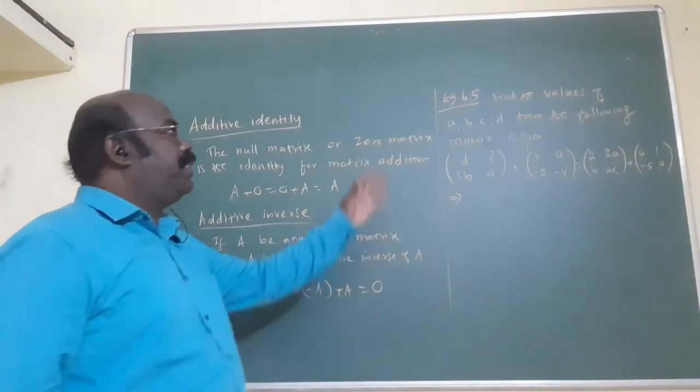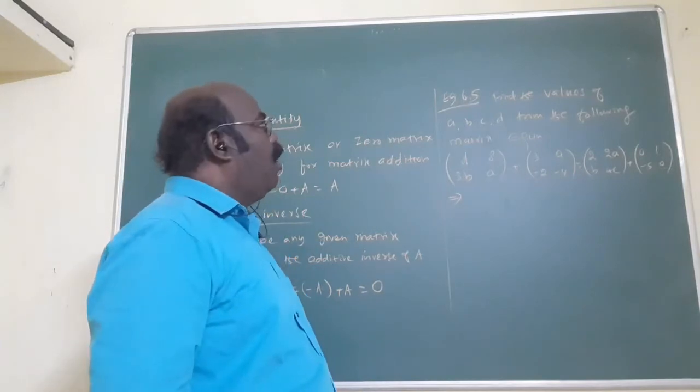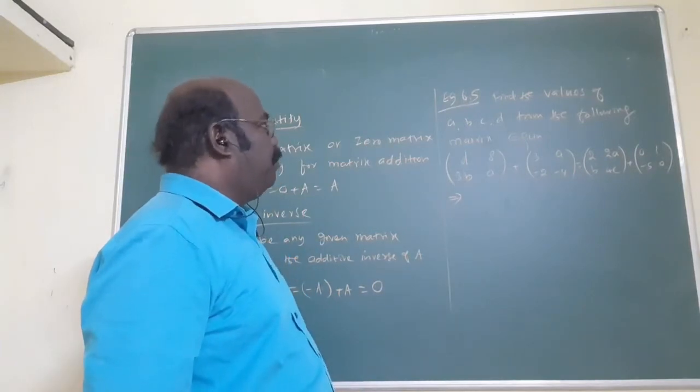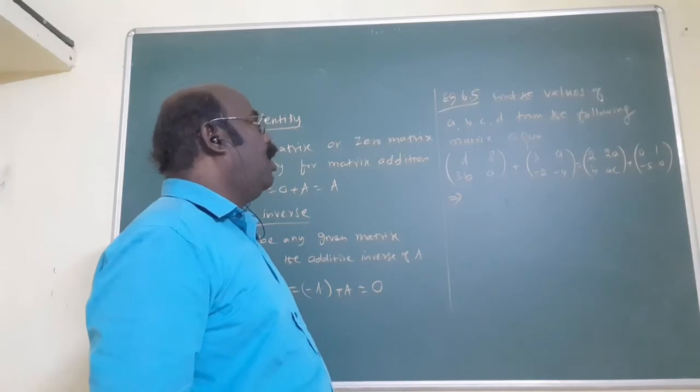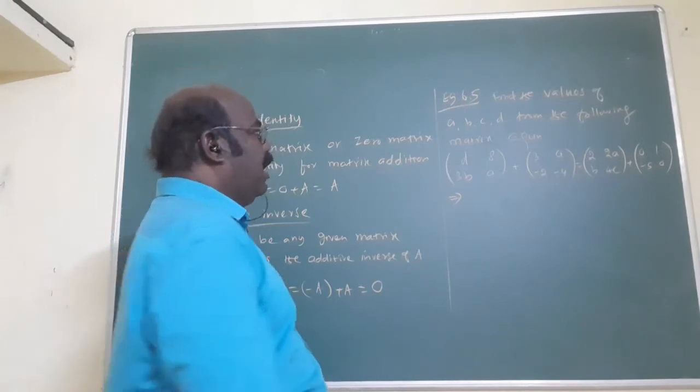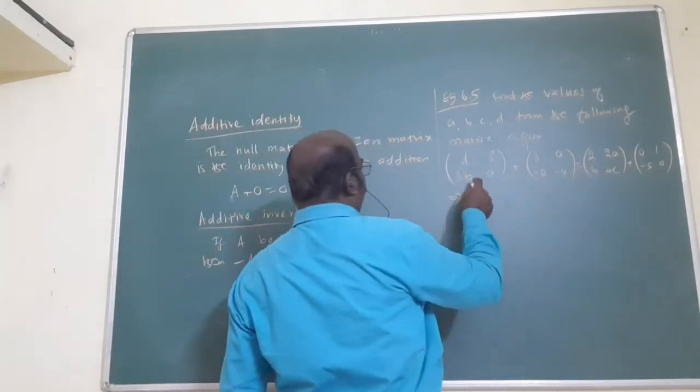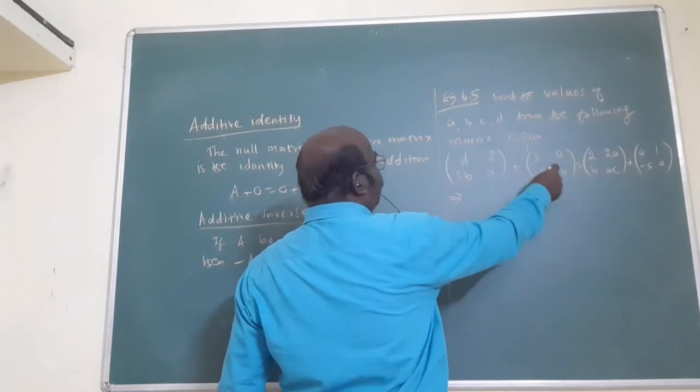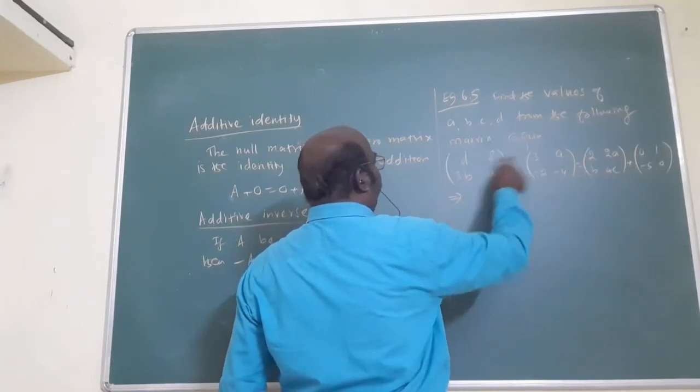Now, previous example 6.5: find the values from the matrix equation. Find the values of A, B, C from the following matrix equation. This is given. I already told you the process: it is possible when both are of the same order.